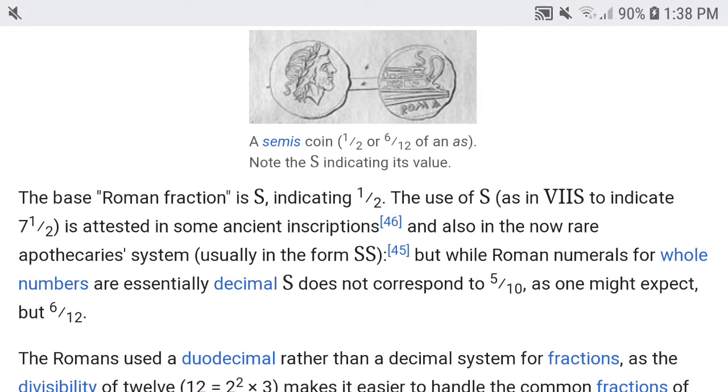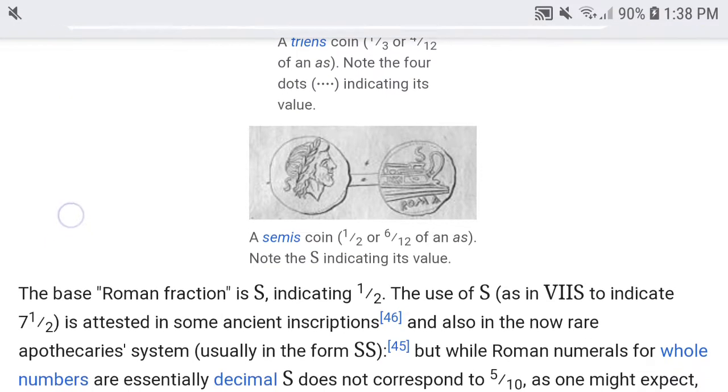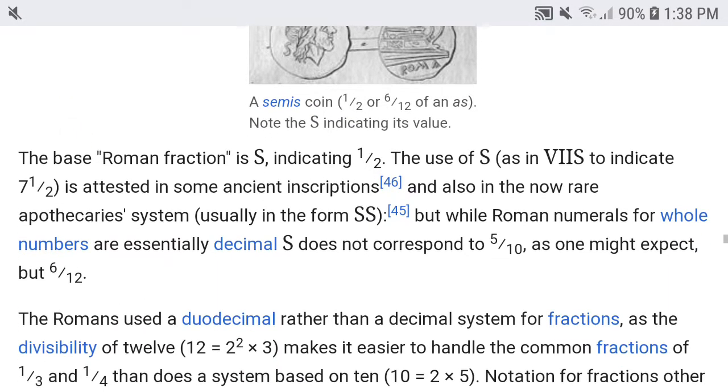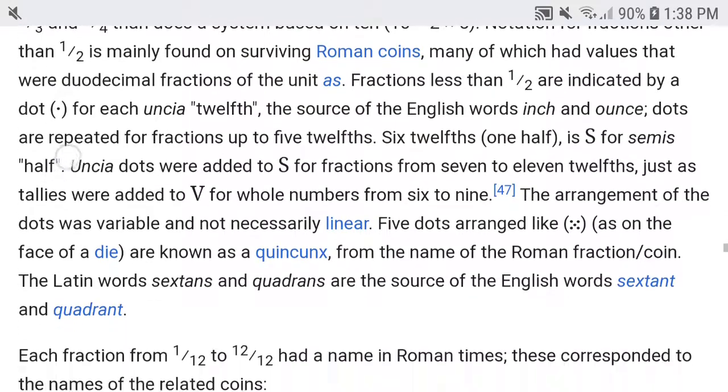Same with a semis coin, half of an as, noting the S indicating its value. So there is an S over there. The base Roman fraction is S indicating half. So half is S. That's just math, right?